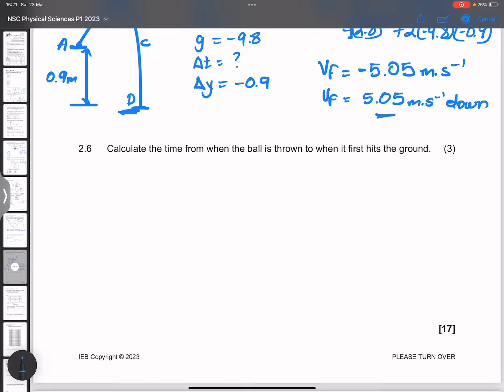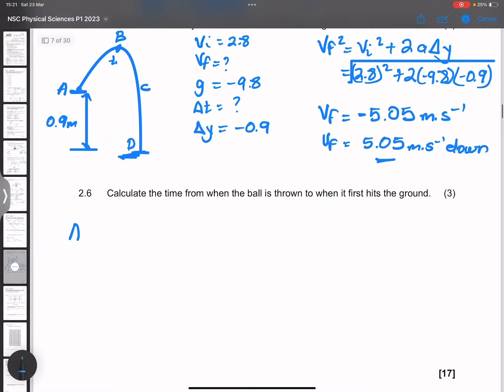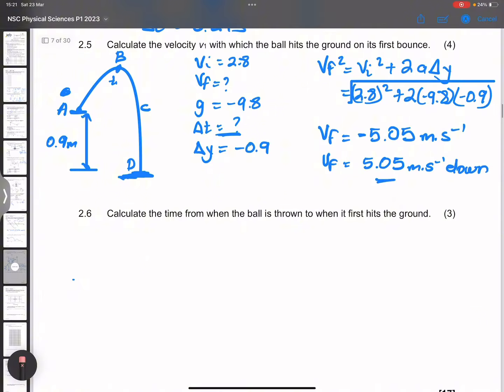Now, there are several ways in which you can do that. I'll take information from A to D from my sketch, right? From when it left the thrower's hand up until it reaches the ground, right? I know my initial velocity, 2.8, right? So essentially, I'm looking for the time associated with that. Let me not reinvent the wheel.